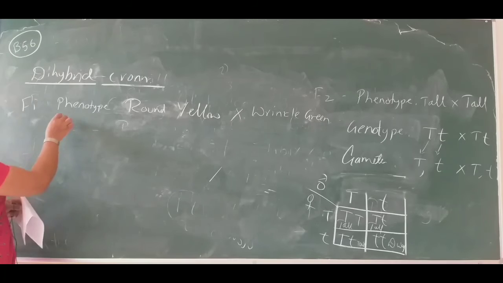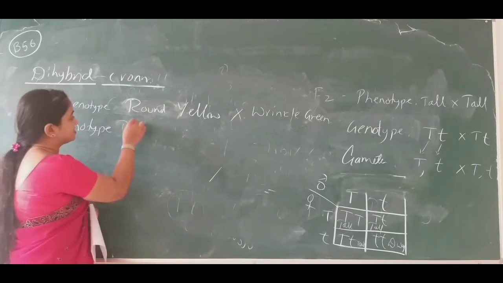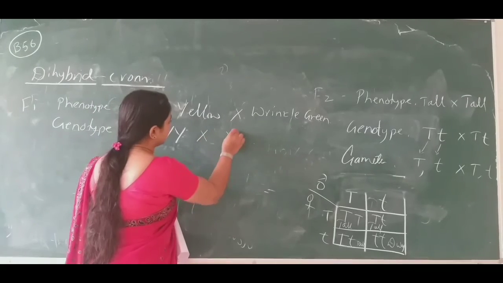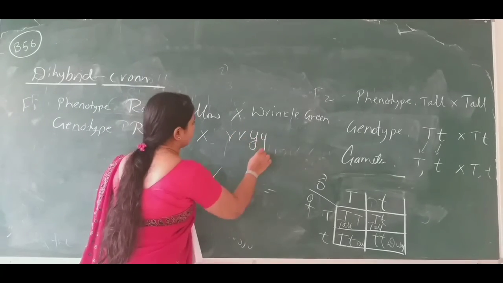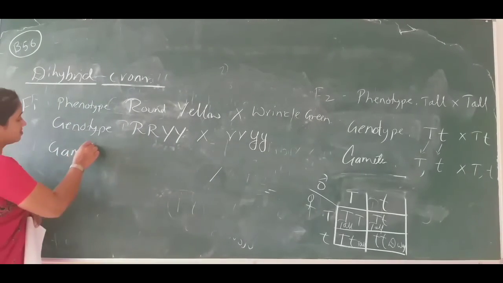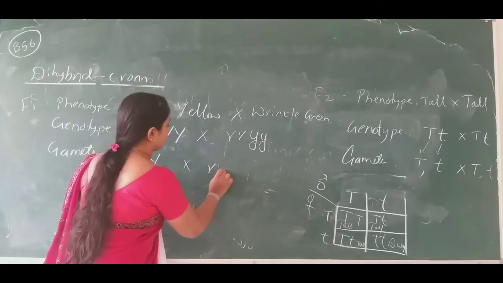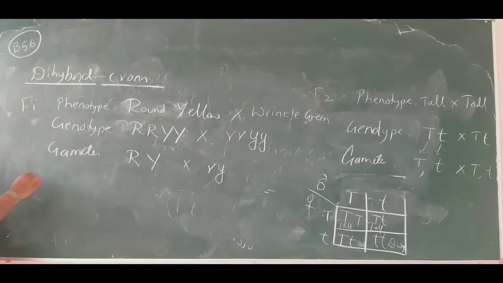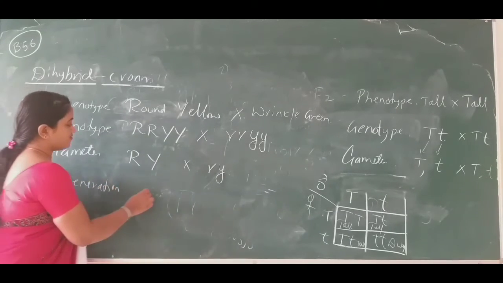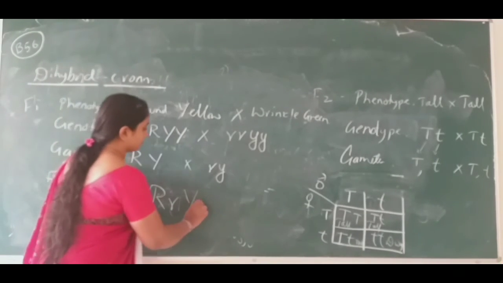These are in a pure line. The genotype of these parents is capital R, capital R, capital Y, capital Y, when crossed with small r, small r, small y, small y. The gametes are capital R capital Y and small r small y. In the F1 generation, we are getting capital R, small r, capital Y, small y.